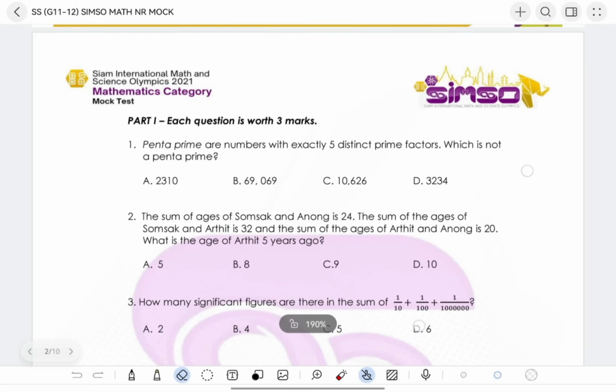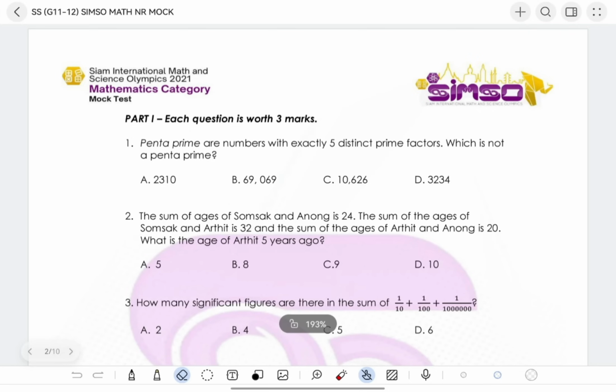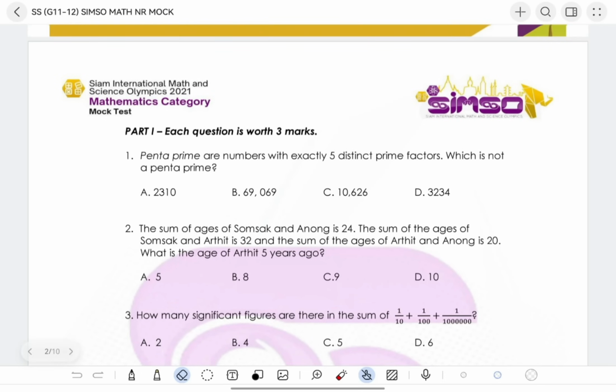After I have done it, I will put down a similar question for each, just as practice for you guys, to see whether you really understand what I'm saying or not. Alright, let's get into it.